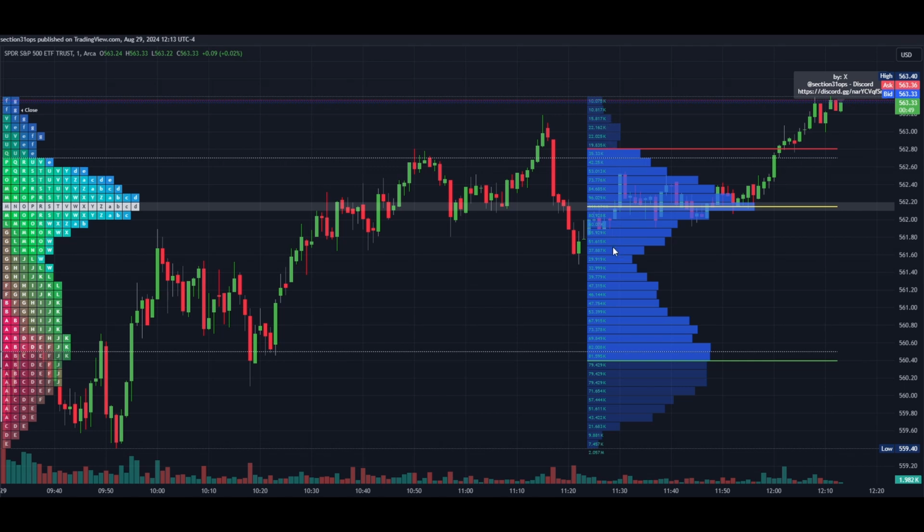I actually have it overlaid displaying the volume and not just the bars here. The volume profile focuses on the number of shares, while the blocks over here on the left, the TPO, focus on the time spent exploring an area.